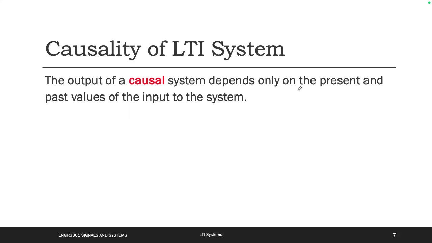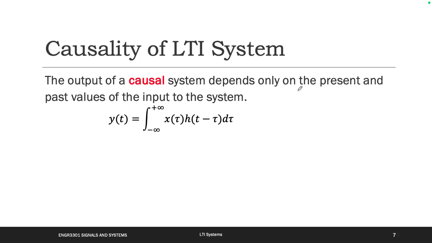It depends on the present and the past time. So the output of a causal system depends only on the present and past values of the input to the system. This is the CT LTI system.